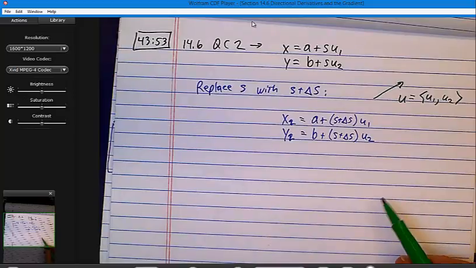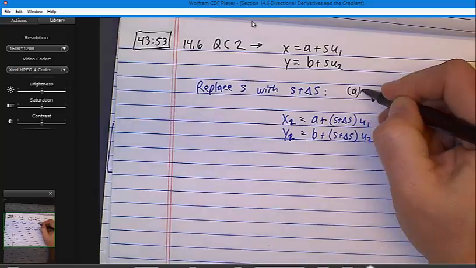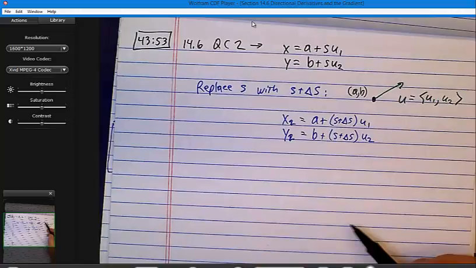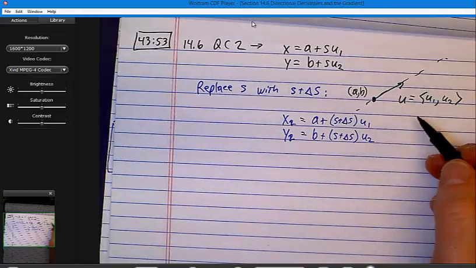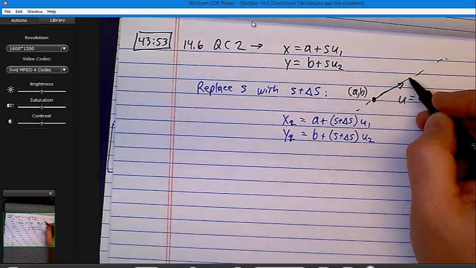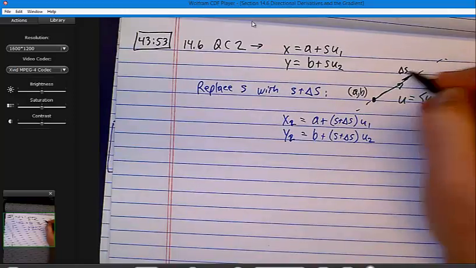And so in general, the way it works is you start at AB, and then whatever S is, you move that far along this line. And so what happens if I move a little bit farther, right? Delta S. That's the question.